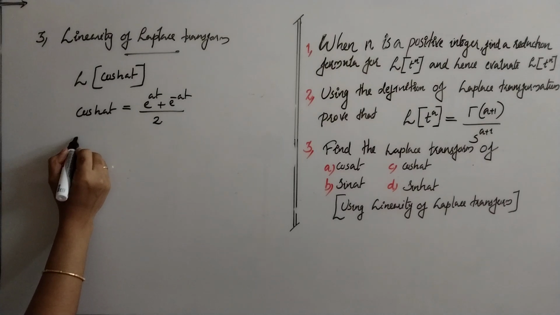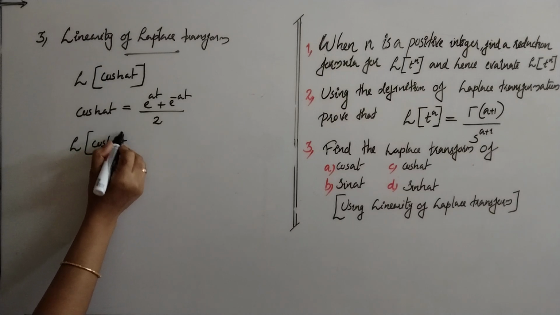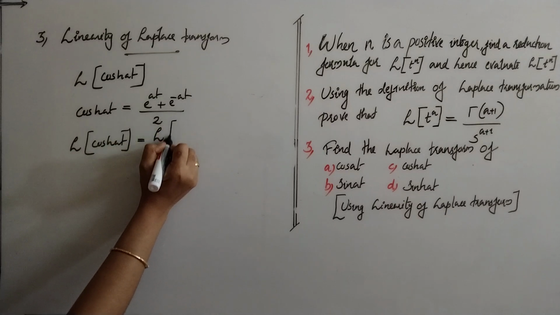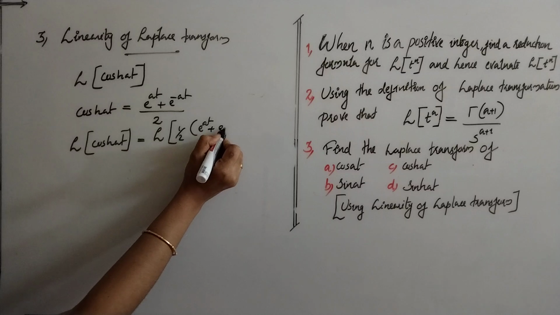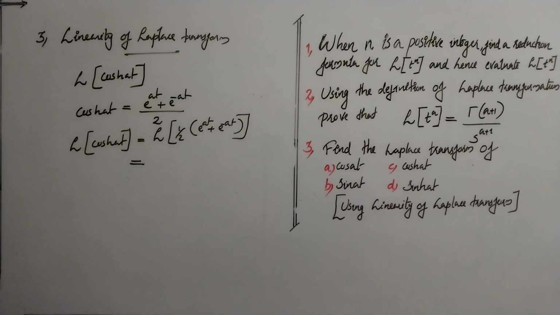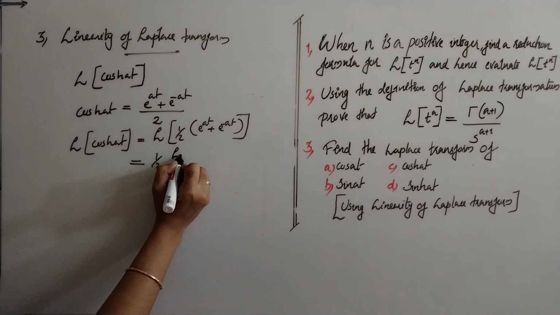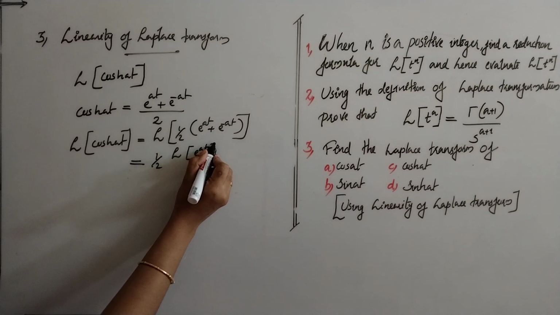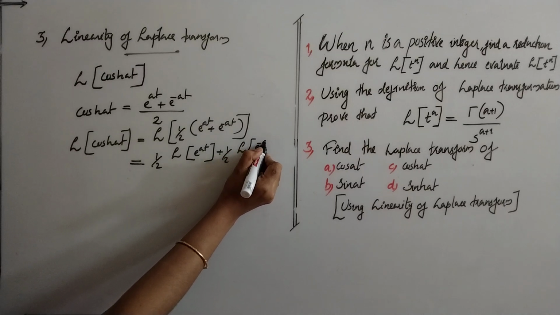Then Laplace transform of cosh at is equal to Laplace transform of 1 by 2 into e raised to at plus e raised to minus at. By the linearity theorem, this becomes half into Laplace transform of e raised to at plus half into Laplace transform of e raised to minus at.